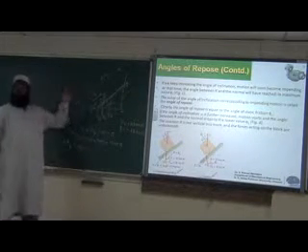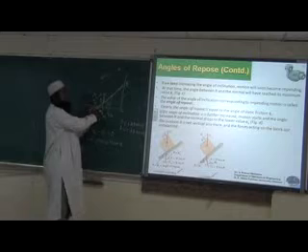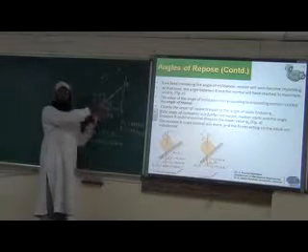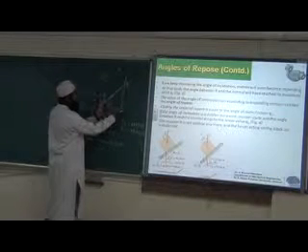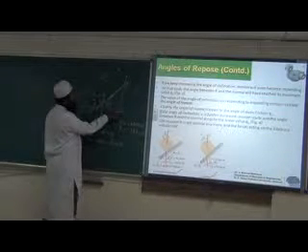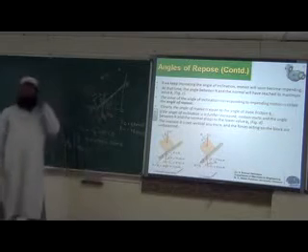Force into vertical distance, force into perpendicular distance from the point about which we take moment. So we have to consider WP into this distance, up to here. How much is this distance? You can find out.